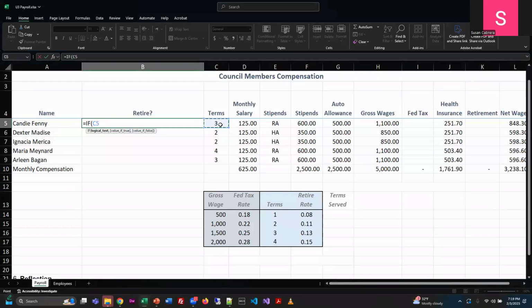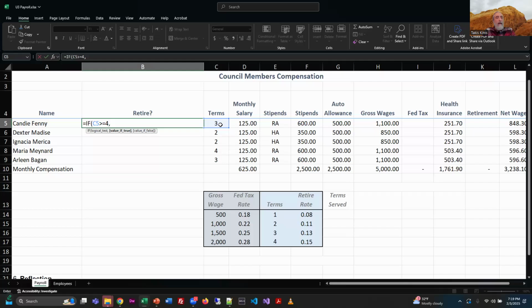I would say greater than or equal to 4, because there might be a sneaky one that did 5, or there's a typo. Or maybe they couldn't find somebody to fill that person's spot, so they let them go another term. Nobody wants to be in charge of Parks and Rec or something goofy like that, or garbage. So that's my inclination: greater than or equal to 4 is our logical test.